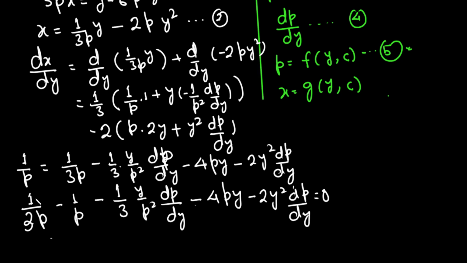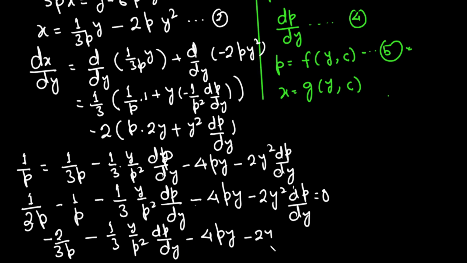Further simplifying it, 1 over 3p minus 1 over p is the same as 1 over 3 minus 1 over p, which will be minus 2 over 3p. We have simplified it, and we have minus 2 over 3p, then 1 over 3 y over p square dp over dy, minus 4py minus 2y square dp over dy. We have to factorize the left hand side of this equation.